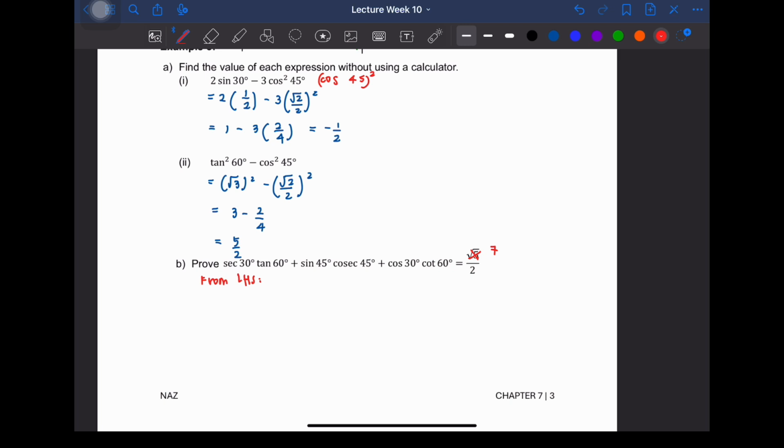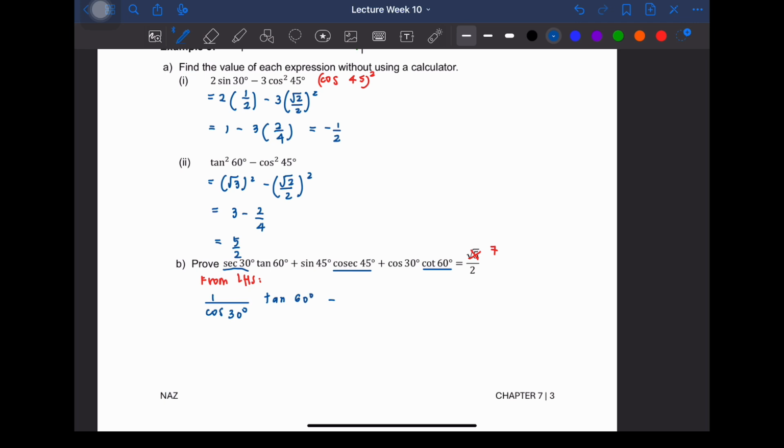Right, and then we substitute all the value of secant 30, tan 60, sine 45, all of this into your expression. Okay, but before that, first I want to change the secant 30 degree into 1 over cos, cosecant 45 degree into 1 over sine, and then cot 60 degree into 1 over tangent. So we have the first one is 1 over cos 30, and then times tan 60, okay, like this.